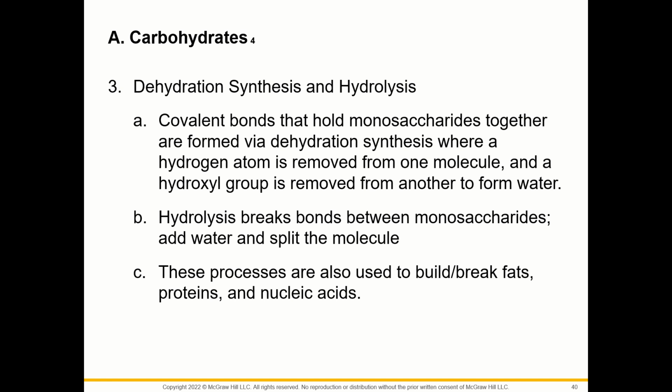And both of these, dehydration synthesis and hydrolysis, use enzymes to accomplish this feat in the bodies of animals such as ourselves, and then, of course, plants for the starches. So dehydration synthesis and hydrolysis can also employ different enzymes to build and break down fats, proteins, and nucleic acids.